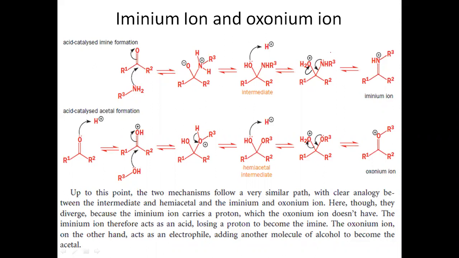We have come across the iminium ion and the oxonium ion in the formation of imine and during the formation of acetal respectively. What this PPT tells you is that there is a common analogy up to a certain point of the mechanism, and from that point onwards the two pathways differ.